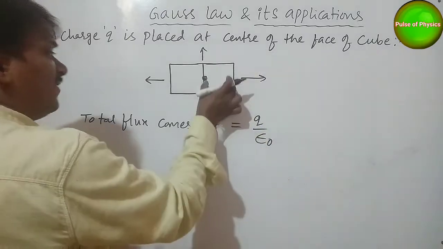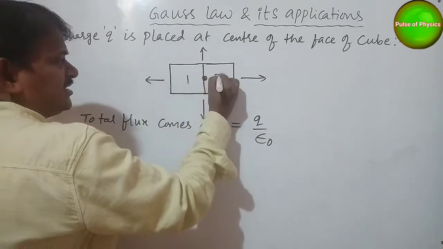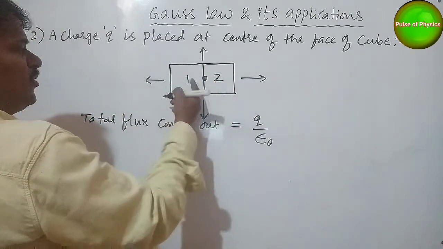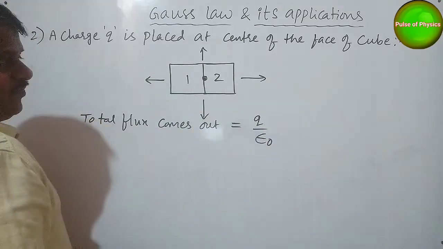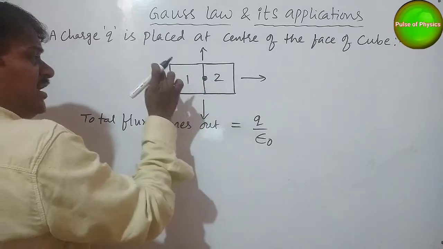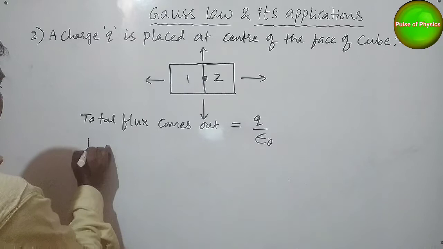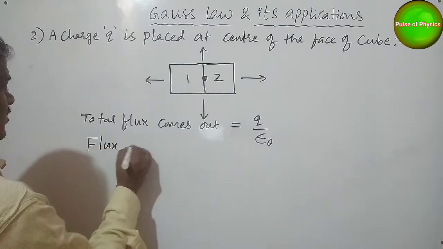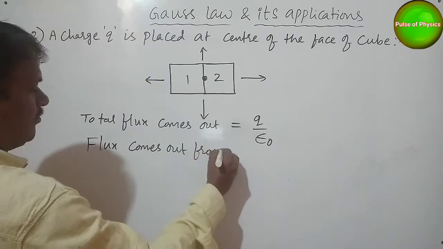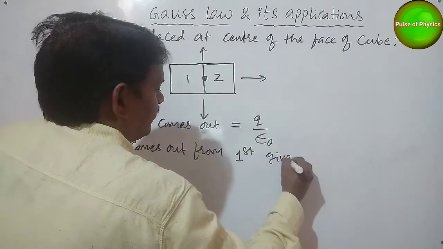But we added one cube. This is the first cube, this is the second cube. The flux will be distributed equally in two cubes. So the total flux is this much. The flux that comes out from the given cube, that is the first cube.